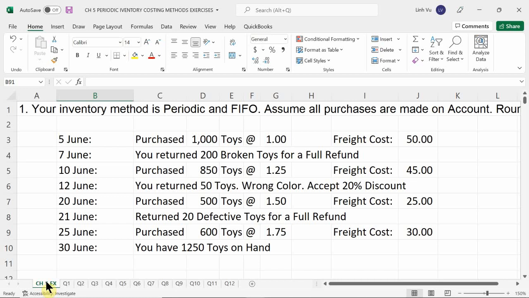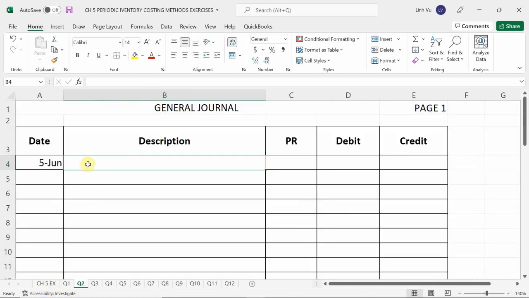We bought 1,000 toys at $1 each with a freight of $50. How? Purchase expense, good. What else? Freight.